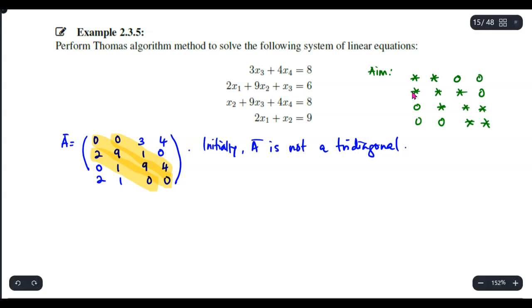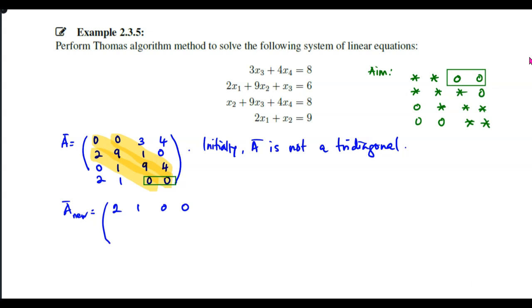So our new A, rearrange, swap the rows. The aim, maybe you can see, is what is the equation that has 2 zeros at the end. It corresponds to this, so the first row should be 2, 1, 0, 0.